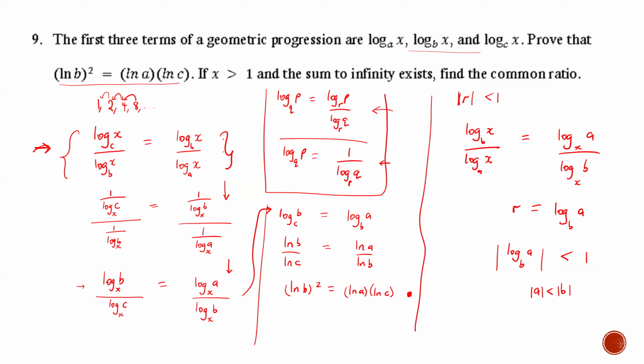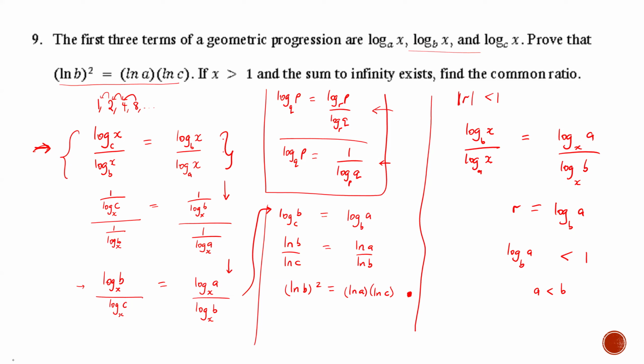Absolute value of a is less than absolute value of b. They both have to be positive in this particular case. So a should be less than b. That would be the condition, but that's the common ratio. The common ratio is just the ratio between consecutive terms.